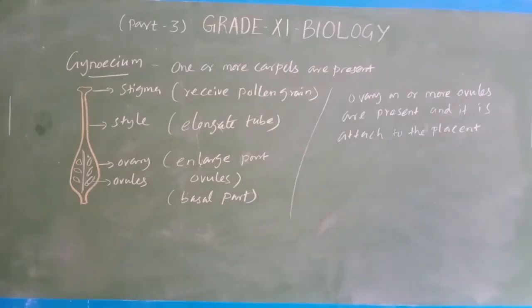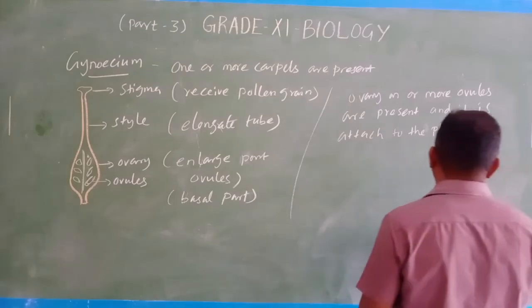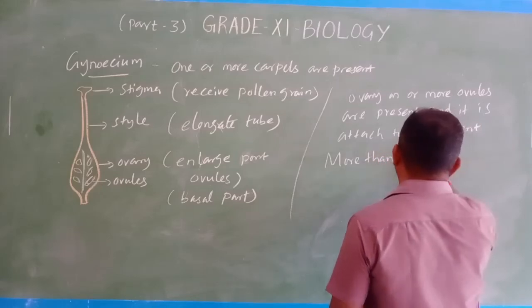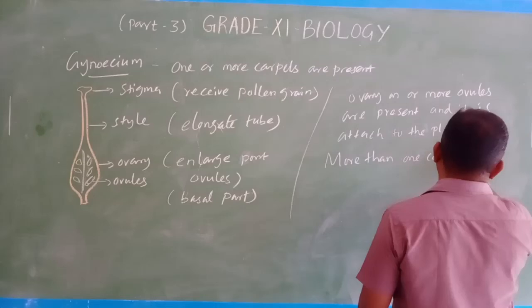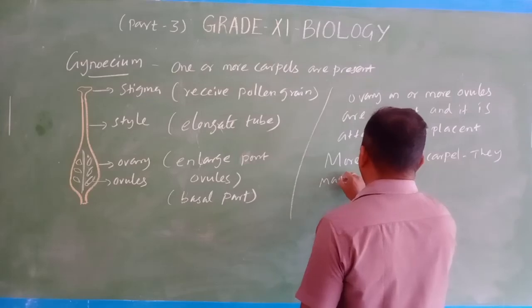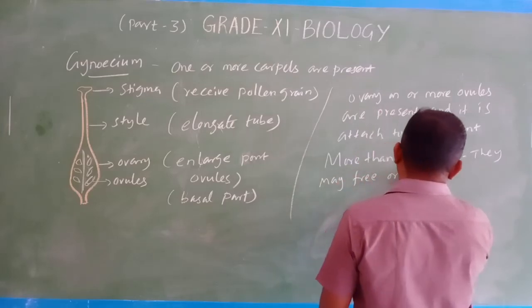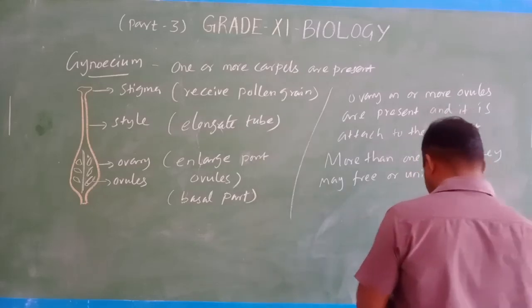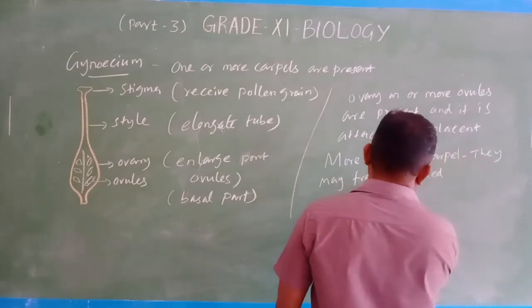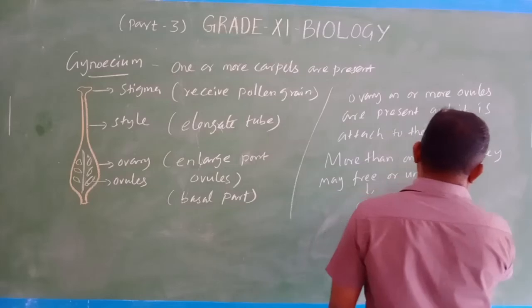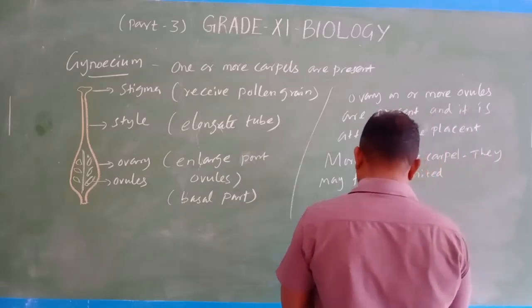Next, when there is more than one carpel, they may be free or united. If they are free, it is called apocarpous. Examples are lotus and rose.